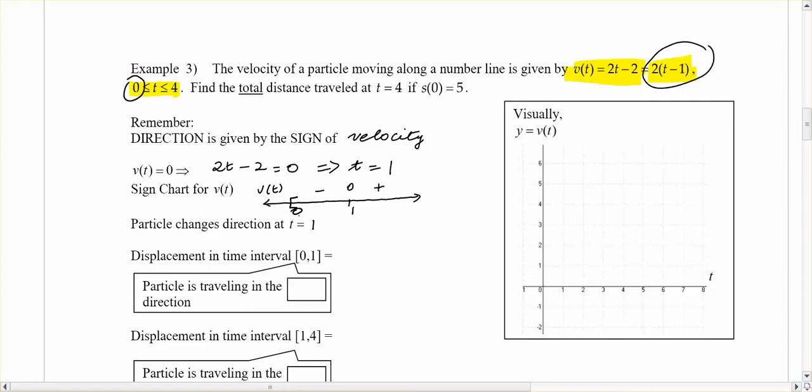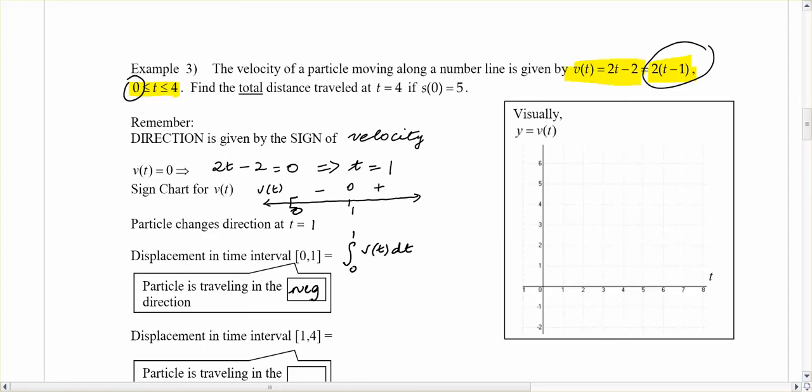So I'm going to find the displacement on that time frame, which is going to be the integral from 0 to 1 of v of t dt. This time, actually, let's not do this analytically. Let's just add this one. When velocity is negative, you are in fact going to be traveling in the negative direction.